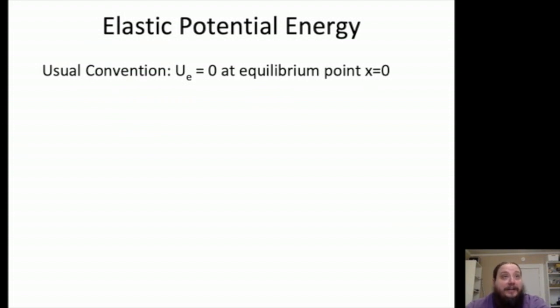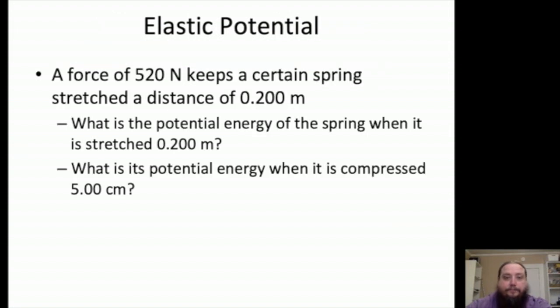And by convention, again, the place where no interesting motion is going to happen spontaneously would be the equilibrium or unstretched position for the spring. So if we define that to be the place where potential energy is 0, then we can define the potential energy of a spring as just 1/2 kx squared.